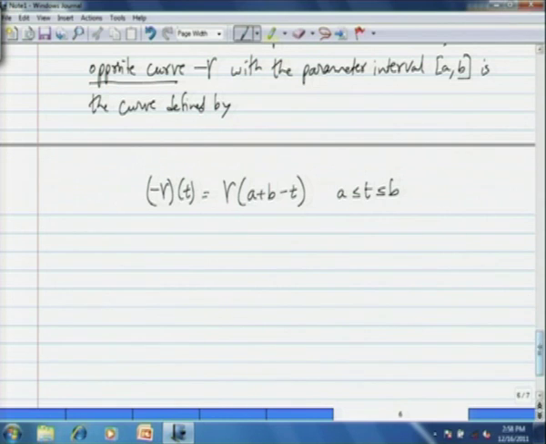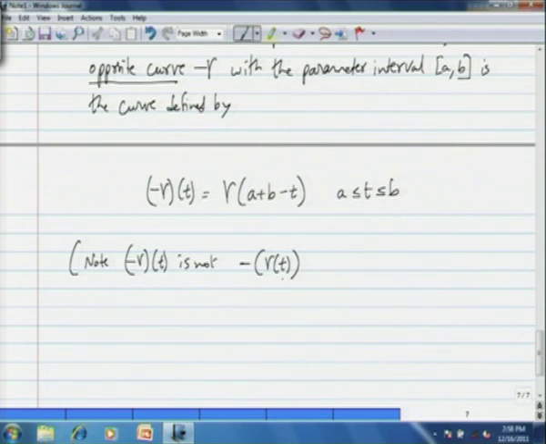Please note that minus gamma of t is not minus of gamma of t. If gamma of t is a complex number, minus gamma of t is a new function. It is not the same as minus of gamma of t. It is actually defined here as gamma of a plus b minus t. So, you have to be careful.